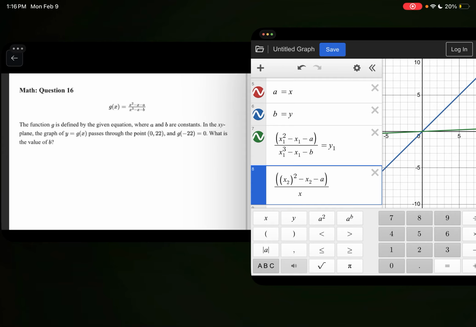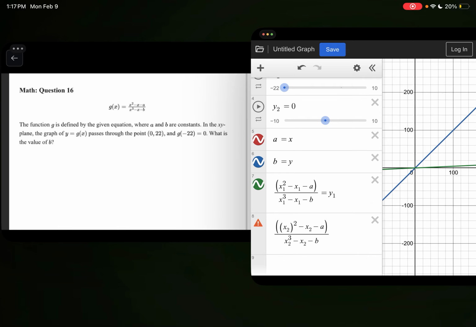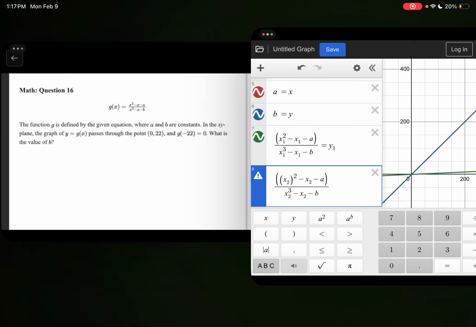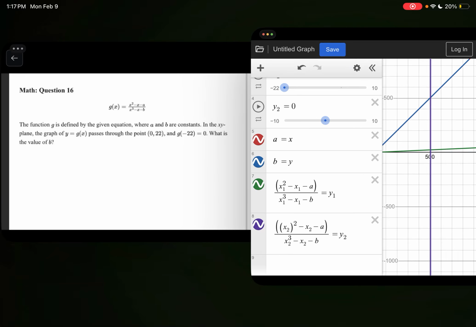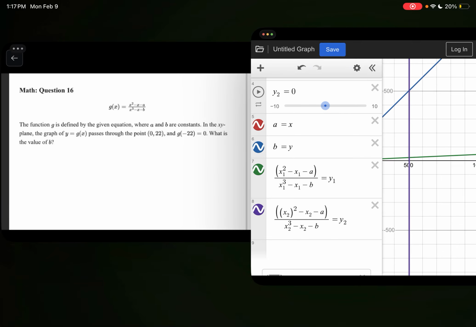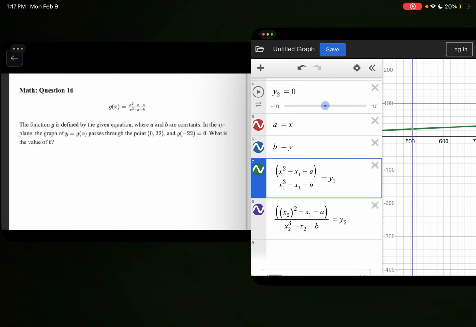Make sure you're writing the right things in Desmos, because that happens a lot. Remember, using x2, not x1, minus x2 minus b. And this is equal to y2. And we just try to find the y value since we put b as y. And so the answer is 23.